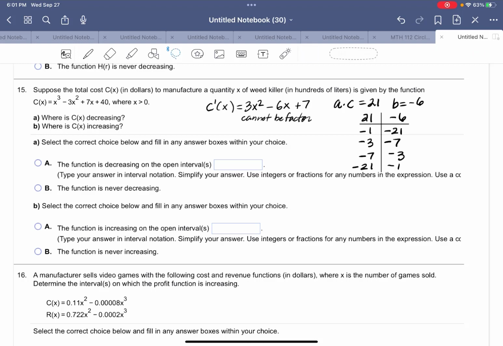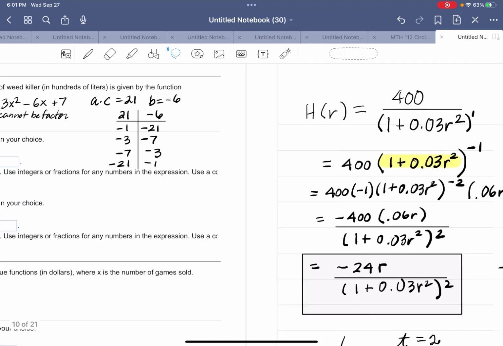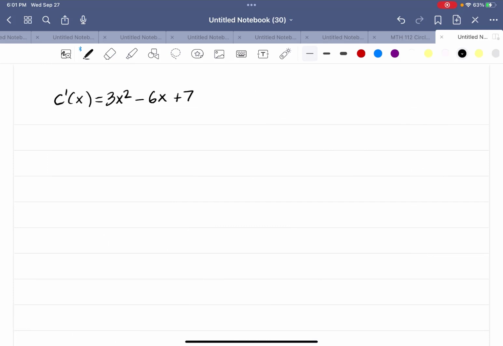Now we do have an alternative to factoring when a quadratic equation doesn't factor, and that alternative is the quadratic formula. So let's take a look at this quadratic formula to see what's happening.